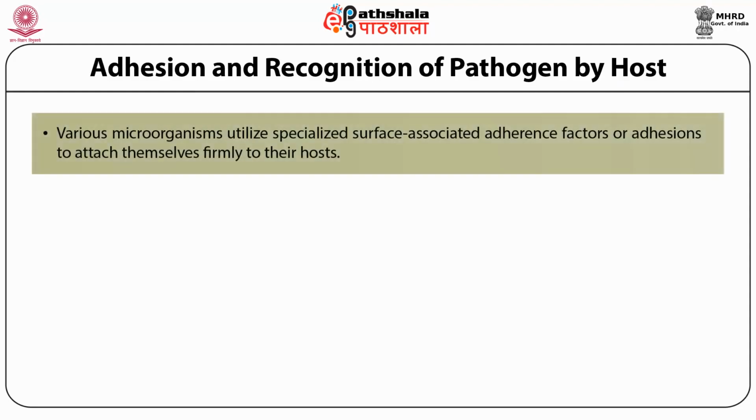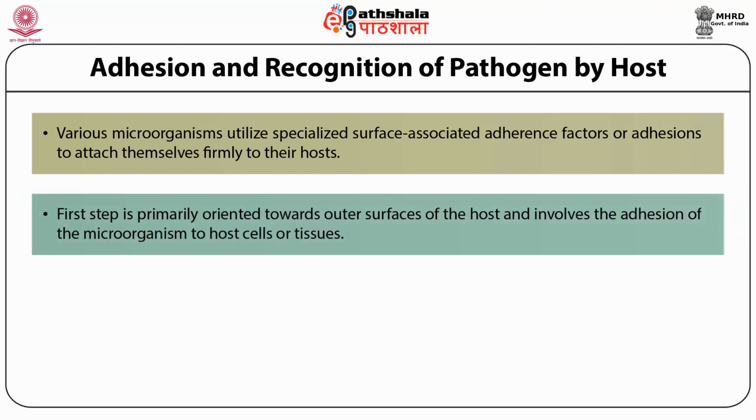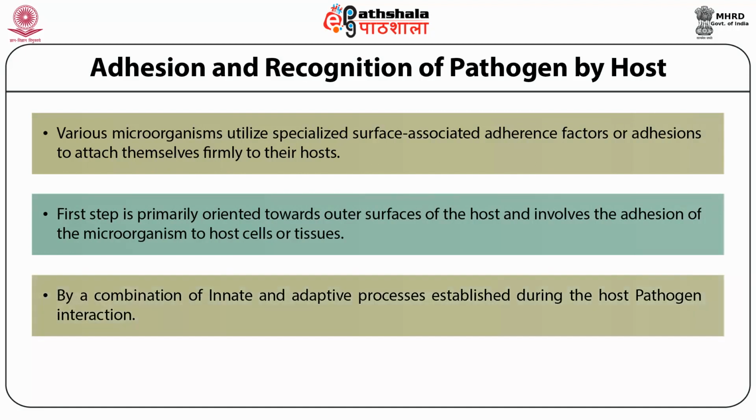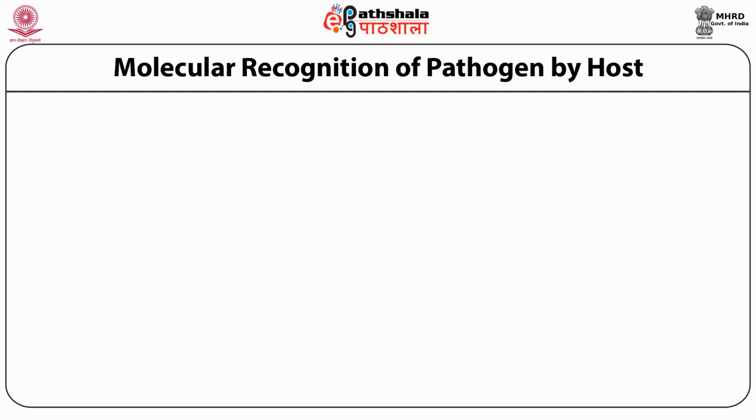Various microorganisms utilize specialized surface-associated adherence factors or adhesins to attach themselves firmly to their host. However, the first step is primarily oriented towards the outer surfaces of the host and involves the adherence of the microorganism to host cells or tissues. By a combination of innate and adaptive processes, they are established during the host-pathogen interactions.